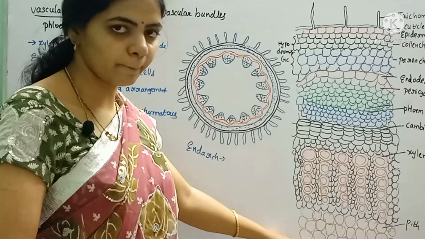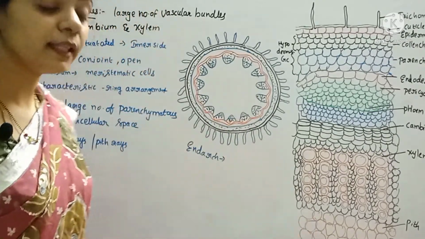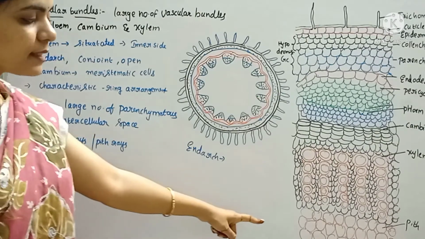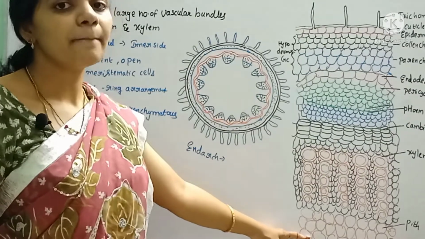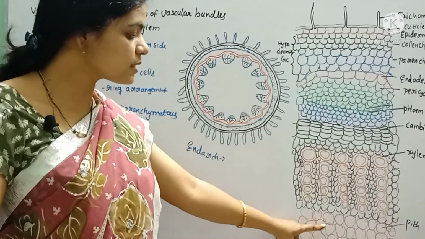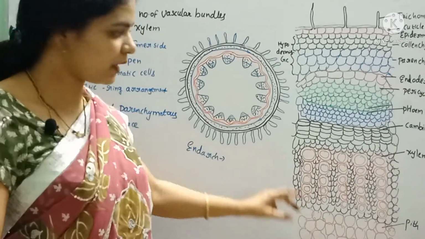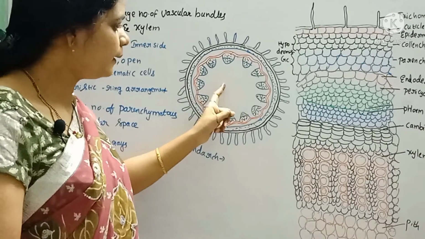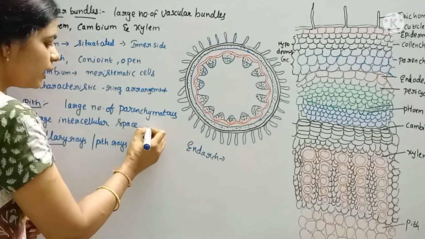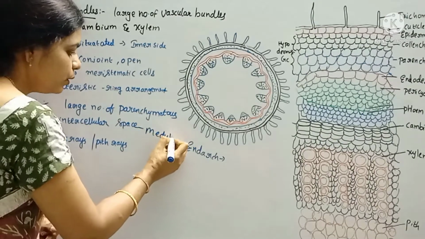This pith consists of a large number of parenchymatous cells. What type of cells are present? The pith is made up of parenchymatous cells, round shaped, with large intercellular spaces. And this pith is otherwise called medulla. Pith is also called medulla.